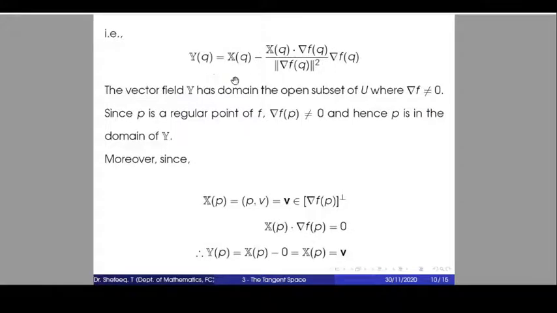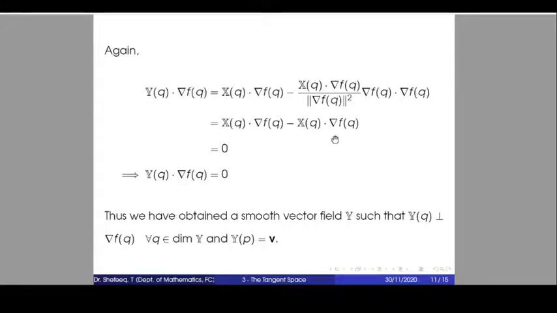So from here we can cancel these two, and the remaining is x of q dot del F of q minus x of q dot del F of q, which is equal to 0. That means the dot product of these two vectors is equal to 0.